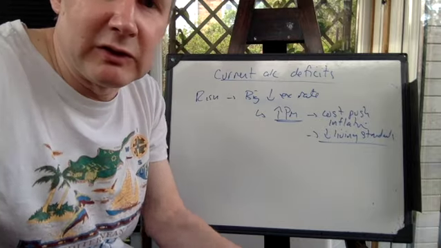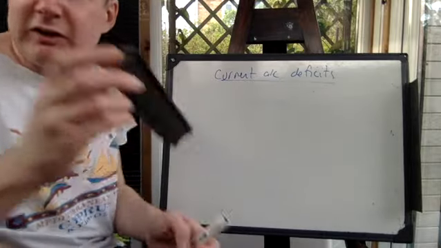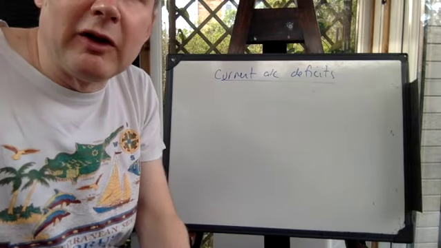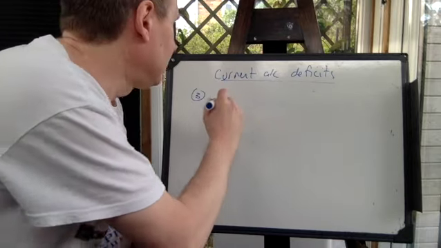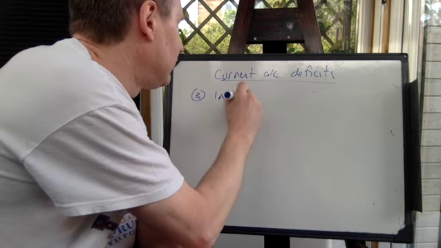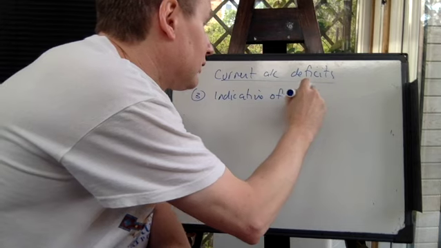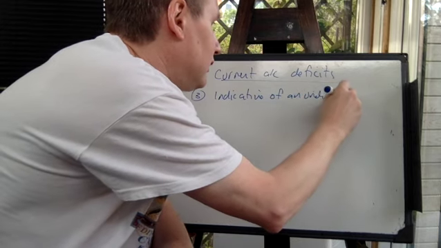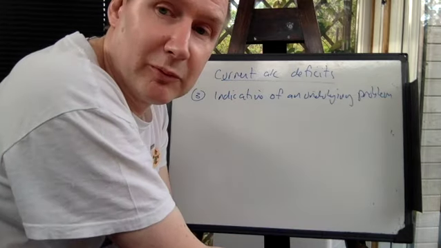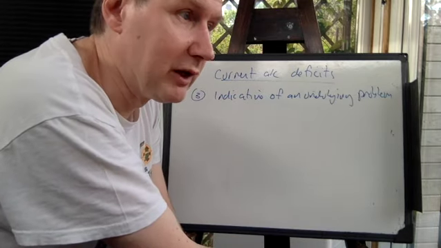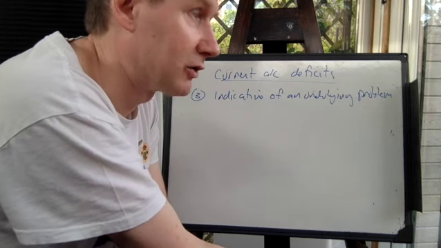So those are two starting points that I'd be inclined to make. A third point you might want to make is that it may be indicative of an underlying problem. You might ask why the UK has a large current account deficit. Maybe our productivity is so much lower than that of Germany, France and the US. Maybe we can't compete on world markets because our costs are too high.